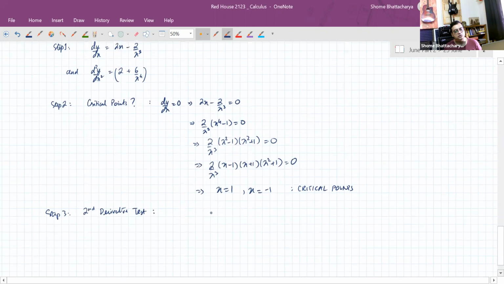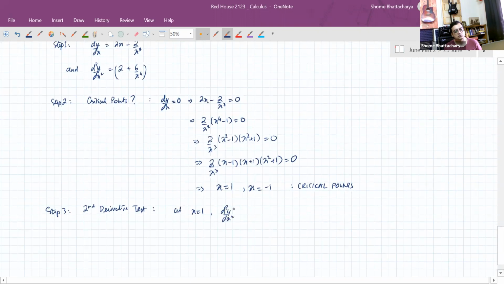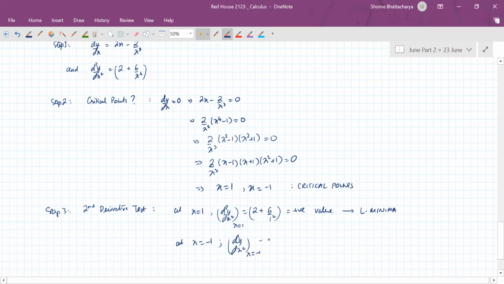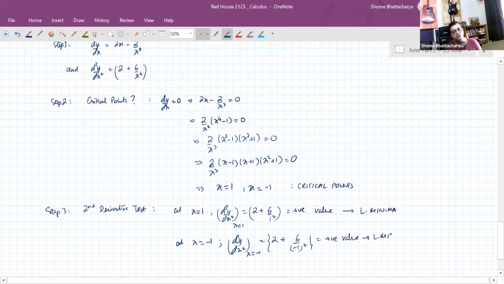So at x equal to 1, we are having a local minima, and at x equal to minus 1 also, it is again positive, we are again having a local minima.